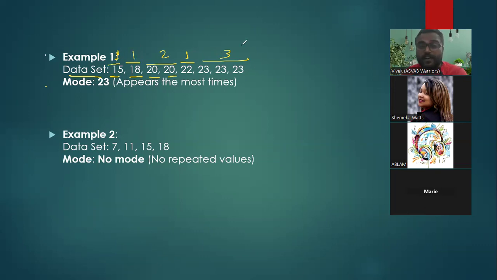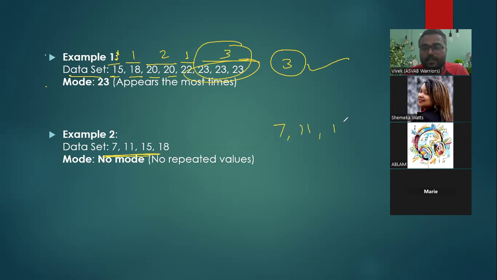The most frequent number is 23 because 3 is the maximum occurring frequency. So 23 will be our answer. Now, if we check this, 7, 11, 15, 18, no number is repeating here. So this data set has no mode.